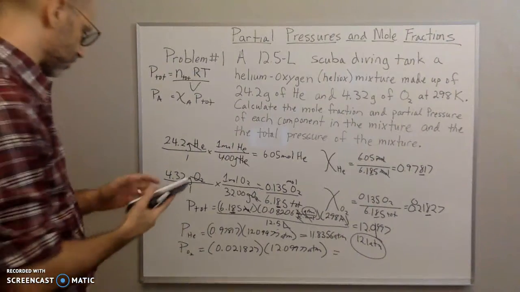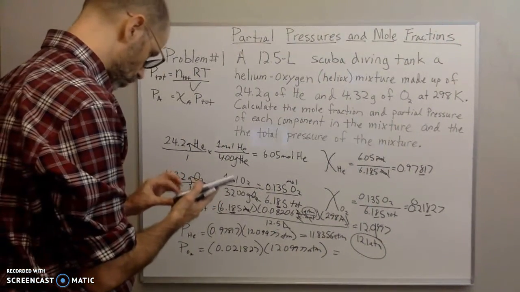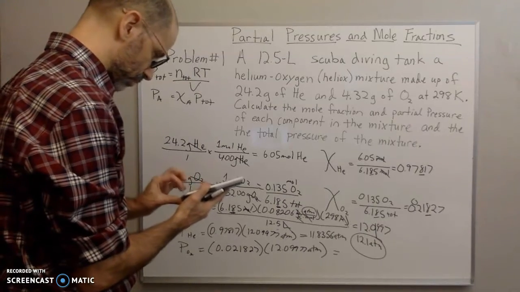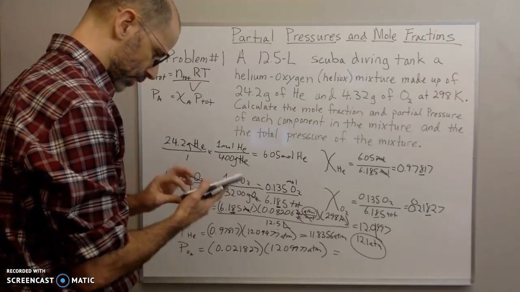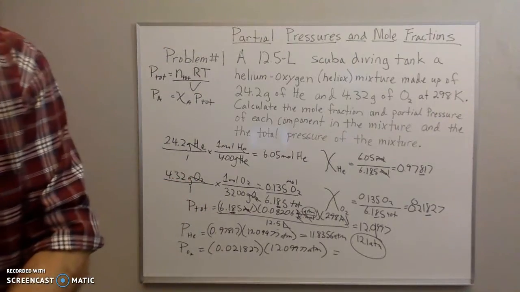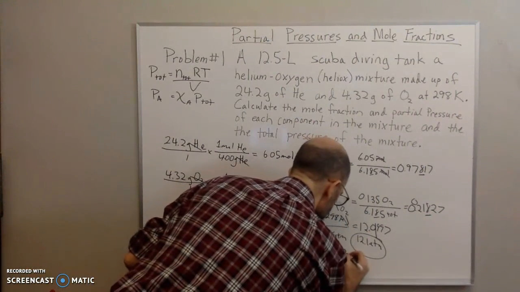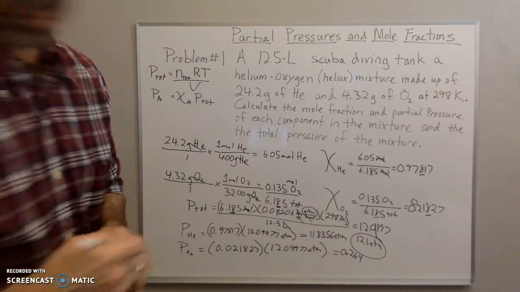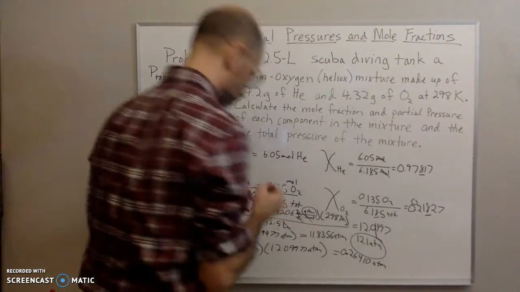And if I do the same thing, it's 0.021827 times 12.09977 equals, and I get 0.26410 atmospheres.